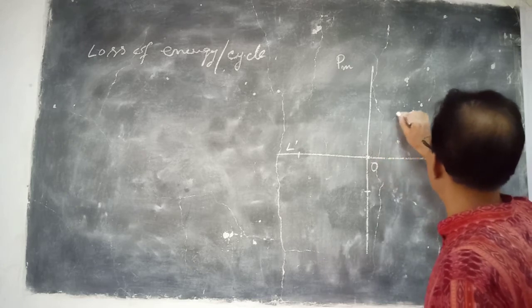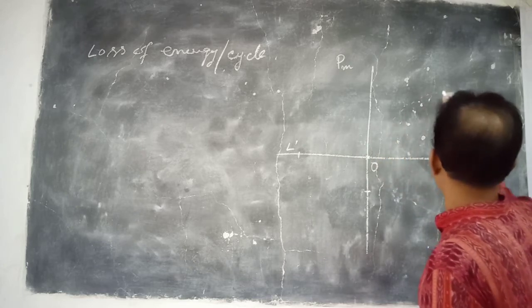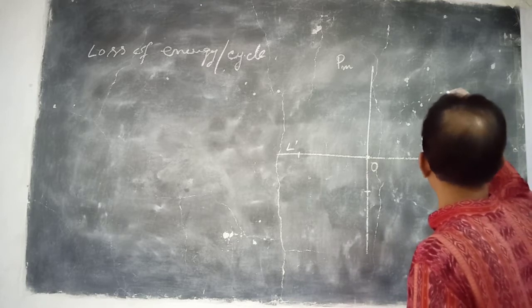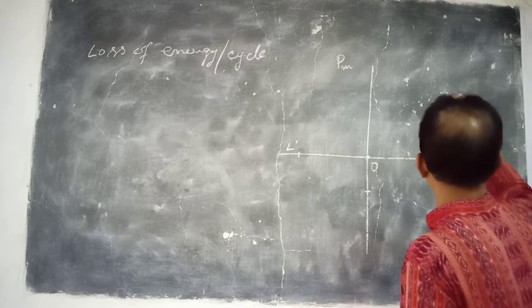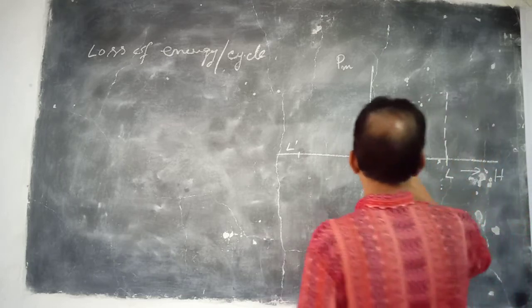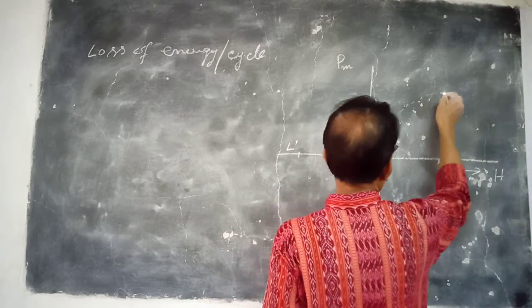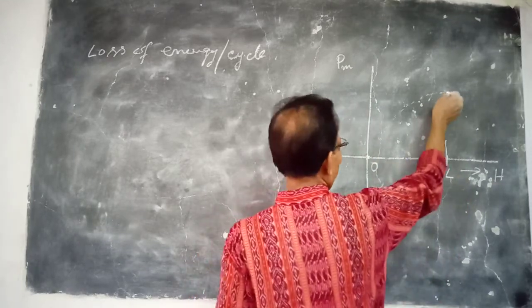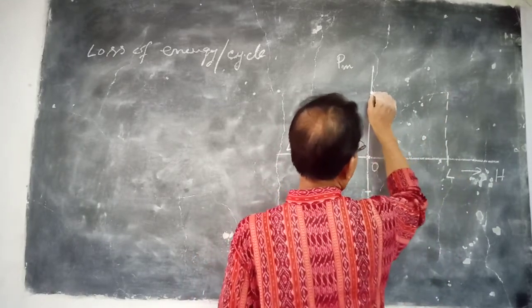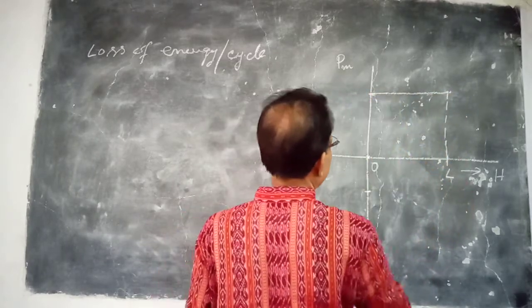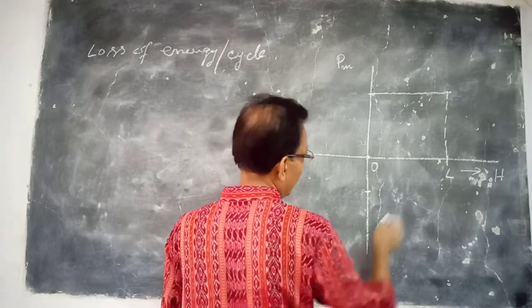Intensity of magnetization will increase, comes up to this point. The material will follow this path initially. After that, the saturation point is reached here, the intensity of magnetization is reached at this point, saturation point.